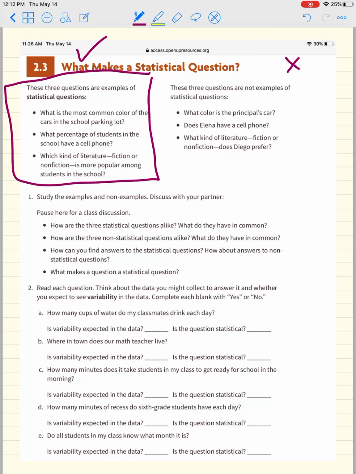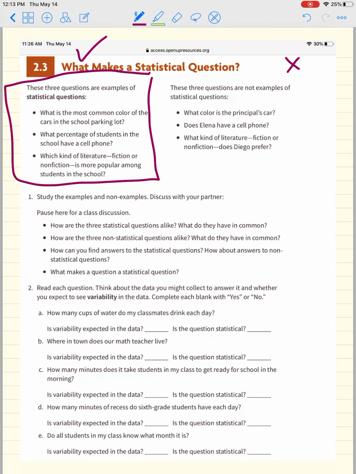So that's also a question you could go around asking. Now, for both the second questions, those are likely not going to give you a ton of different answers, right? You're going to have students that have cell phones and students that don't. And then you're going to have students that like fiction or students that like nonfiction. That's okay. But they're still going to give you data, right?